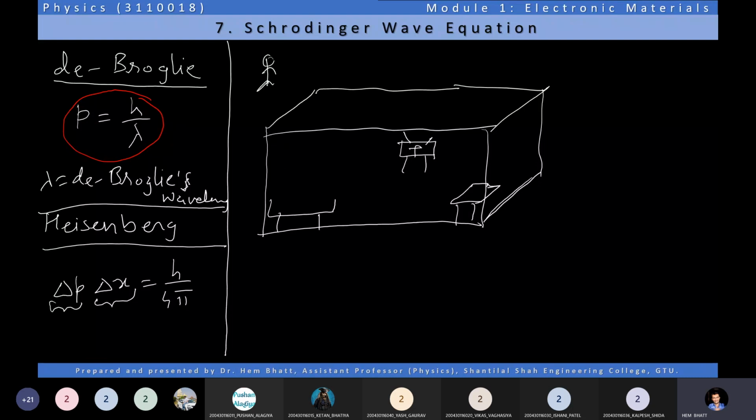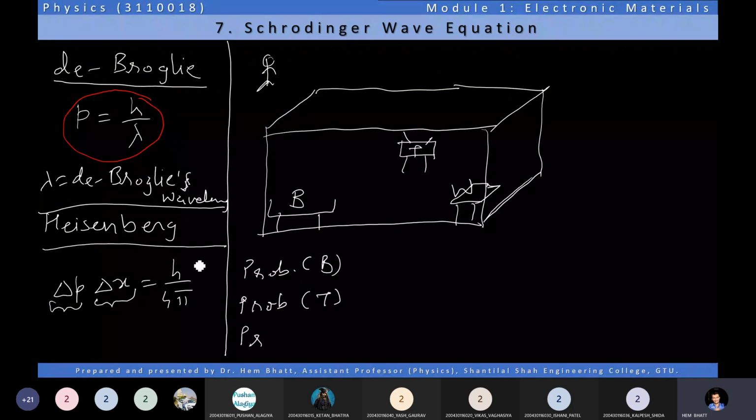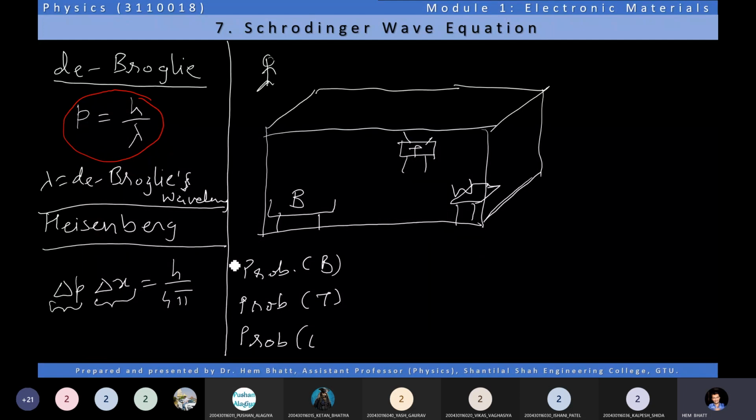So television is there, working desk is there, and bed is there. So you can determine probability for the person to be on bed. You can determine probability of the person to be watching television. You can think of probability of the person to be working.